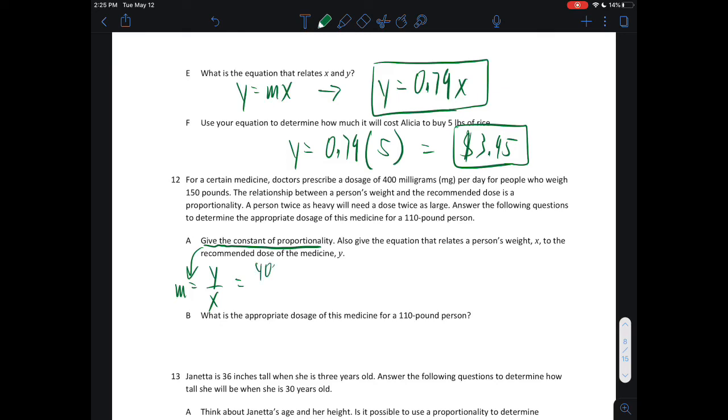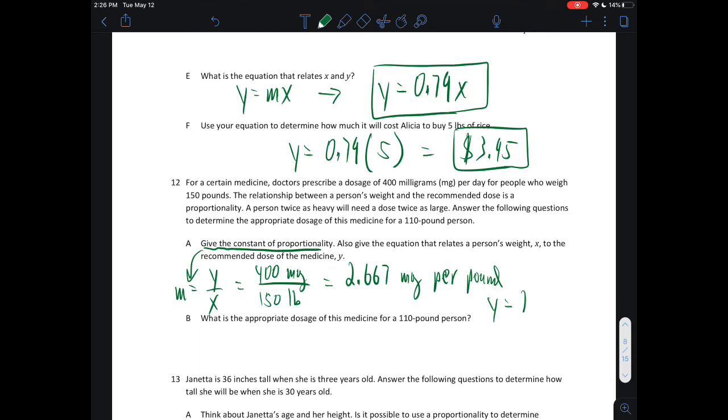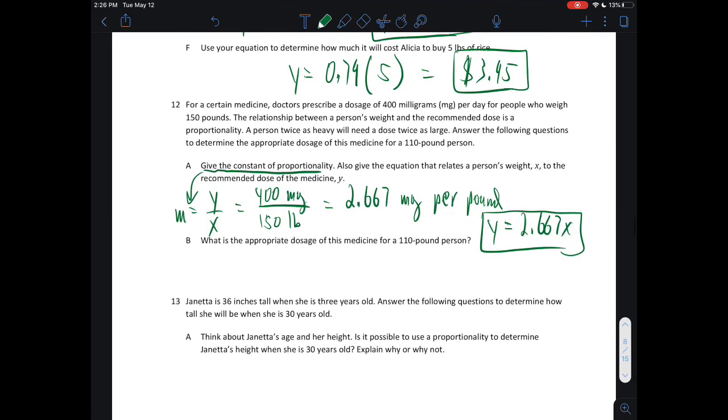So 400 milligrams for a 150-pound person. When you divide that, you would get 2.667 milligrams per pound. What's the equation? It would be y equals 2.667x. So then part B, what is the appropriate dosage of this medicine for a 110-pound person?